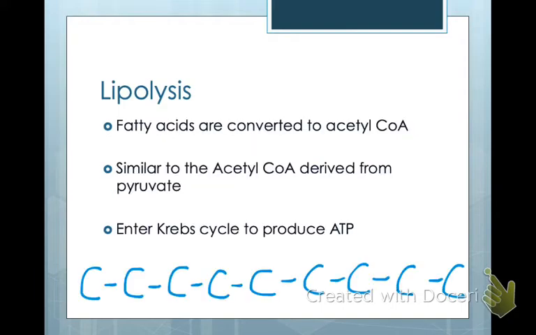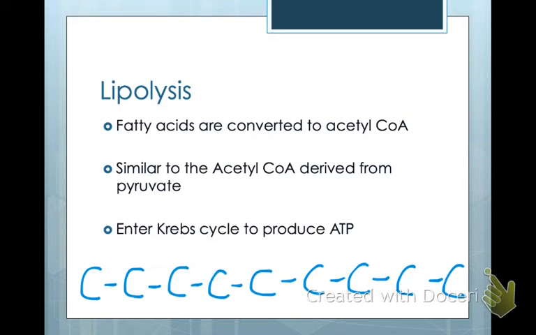So once those fatty acids are broken off of the glycerol, like I said before, that glycerol can move on and be broken down even further and be put through almost like the carbohydrate metabolism: the pyruvate, the Krebs cycle, electron transport chain.